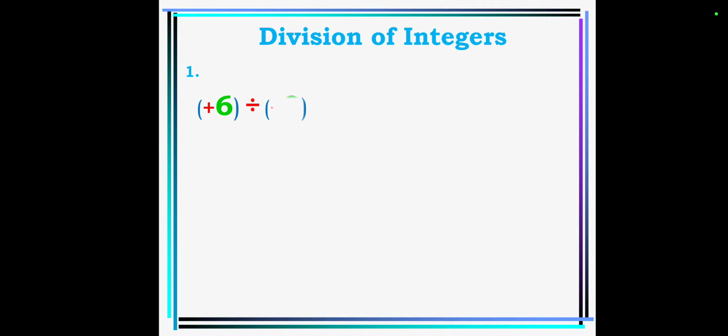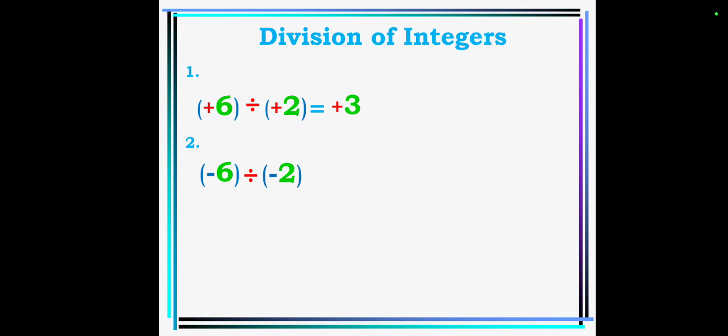How about division? The idea of division and multiplication, as I have said before, is just the same. But in division, of course, you have to divide. For example, 6 divided by 2. The answer is 3. And the answer is positive because it is the same symbol. Two like signs means positive.